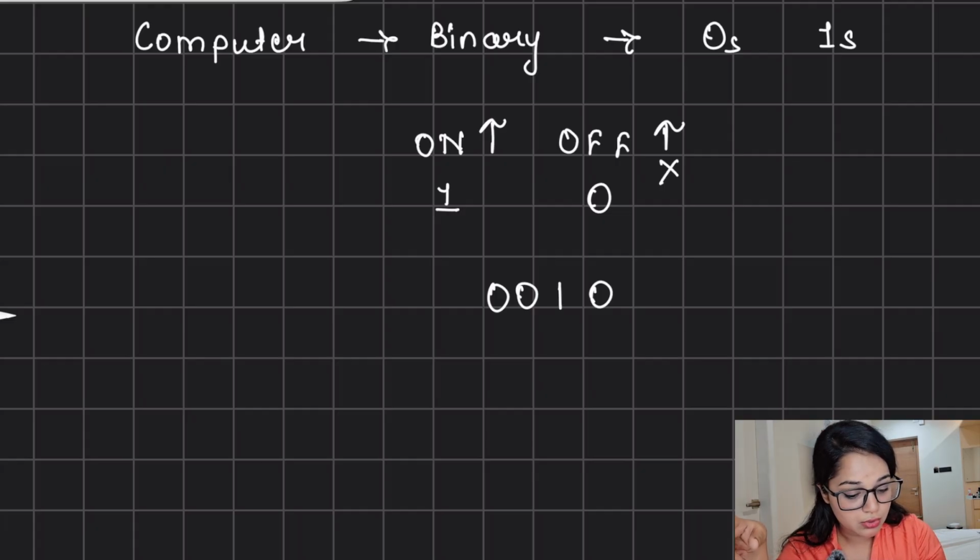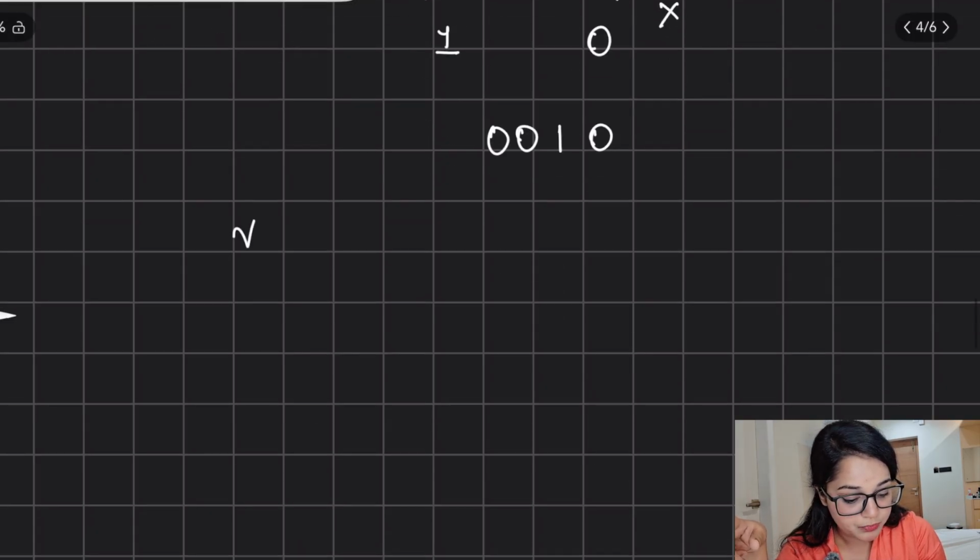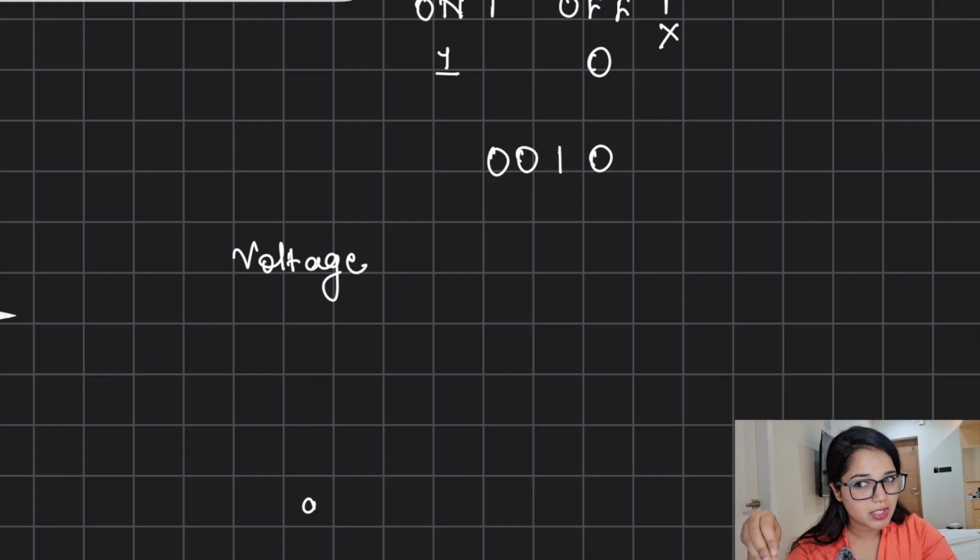You must be knowing about voltage. Now, voltage is something which fluctuates even with heat, to be honest, right? With physical factors also, it does fluctuate. If we consider 10 states, let's say, you have to consider 10 states of voltage, which might fluctuate with physical factors.